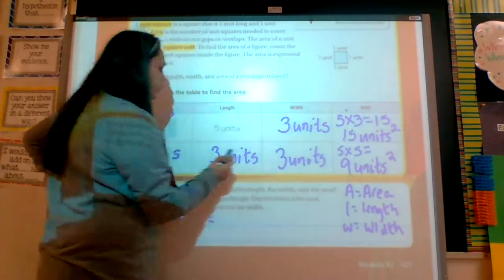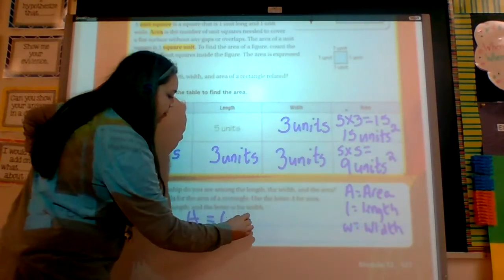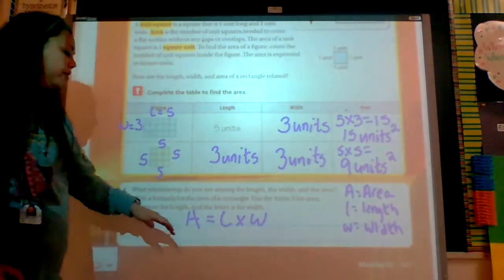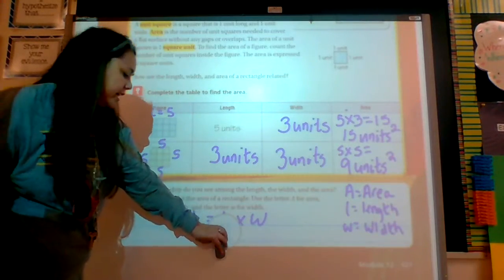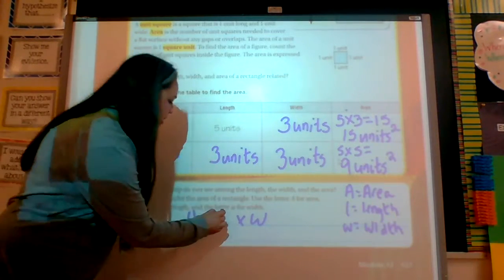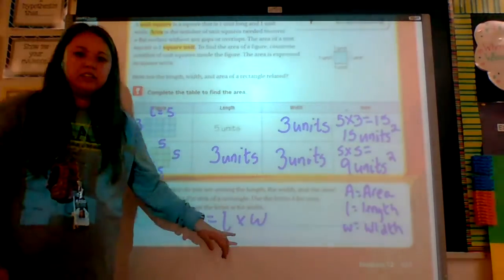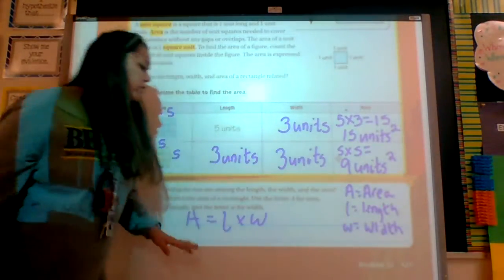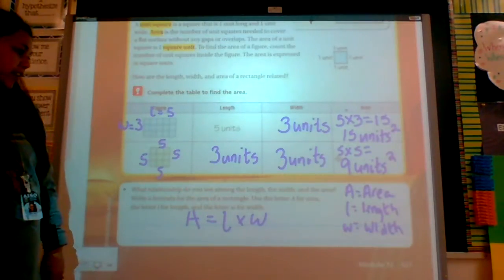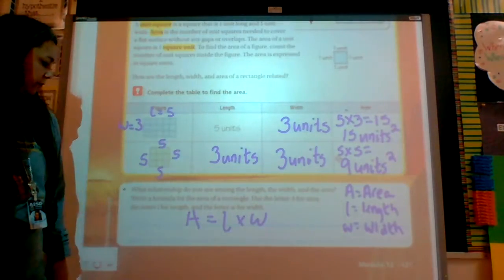Area equals the length times the width. That's a lowercase l, but it has a little curl, because the one in your math chart has a little curl too, so we want you to recognize that. It's the length times the width. And that would be the formula you would use, and that's the relationship among the length and the width and the area of a rectangle.